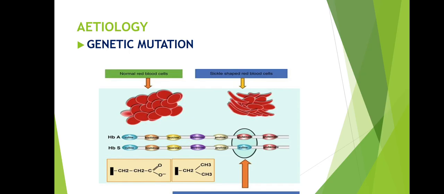This is basically what happens, and this question is going to come up in MCQs about sickle cell disease, sickle cell anemia. Glutamate is replaced by valine, as you can see here. This is the only difference, and this is the only thing that causes sickle shaped red blood cells.